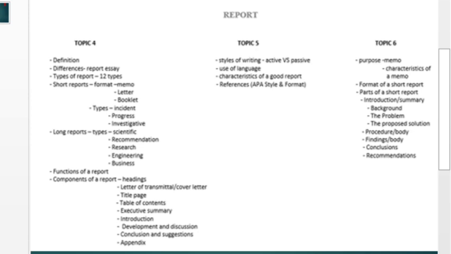Let's say in your progress report you are saying that your team had deployed Google survey to get responses from your potential clients or your potential customers.